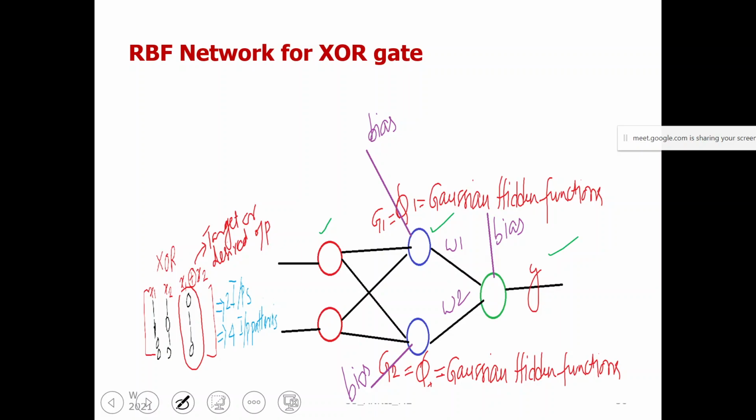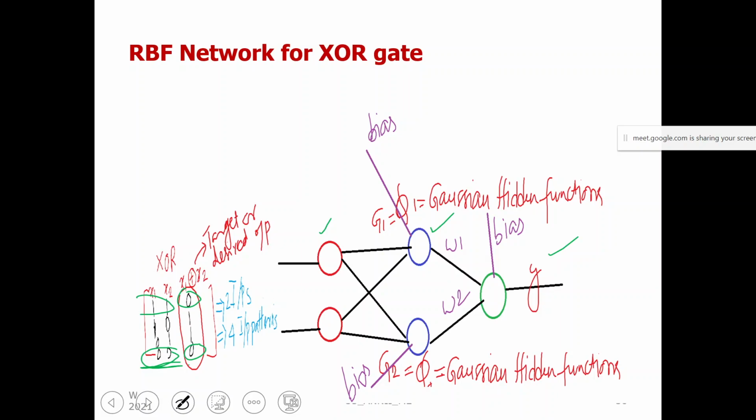And what is exclusive OR? You know that for x1 and x2, we have the inputs 1 1, 1 0, 0 1, 0 0, correct? So this is the input. The exclusive OR output for 1 1 will be 0, for 0 0 also it will be 0, and for all the other cases the output will be 1. That is the exclusive OR concept, right?